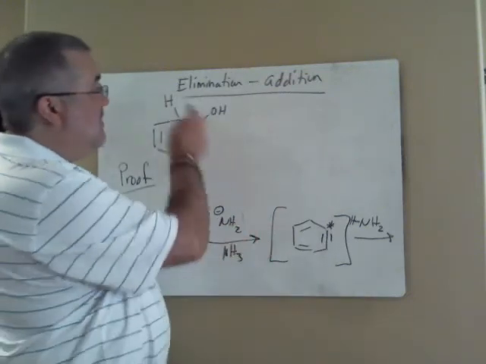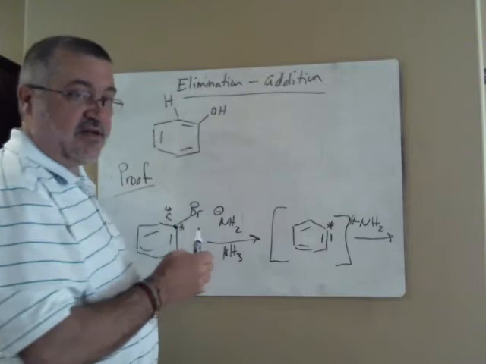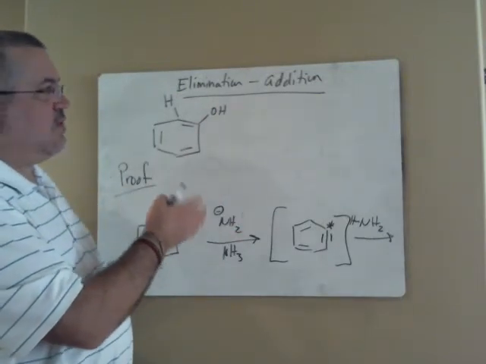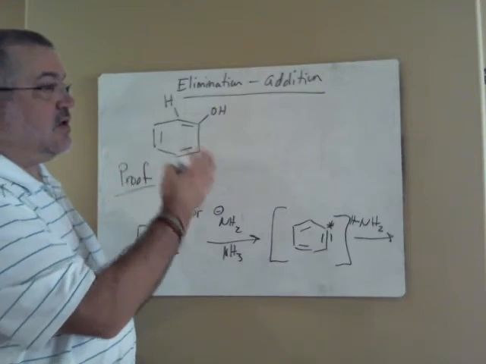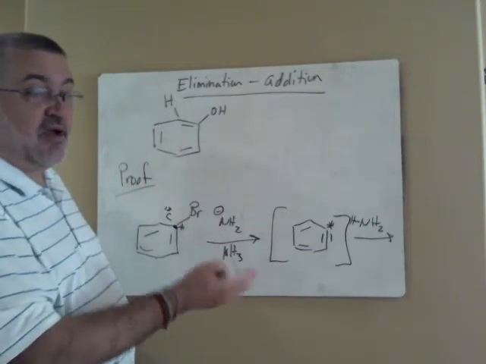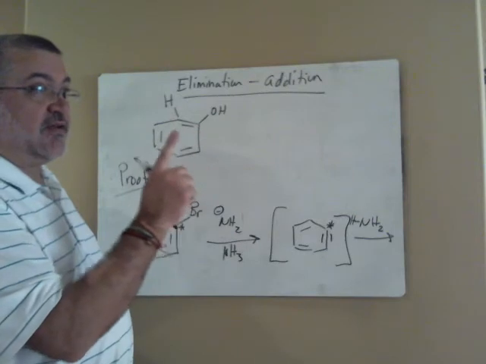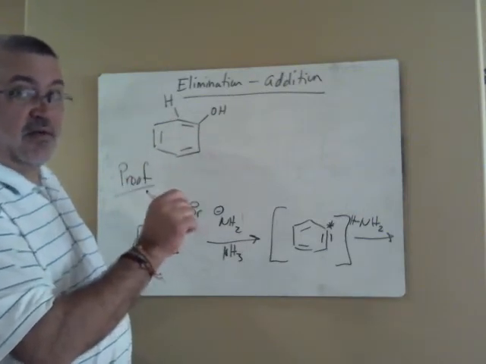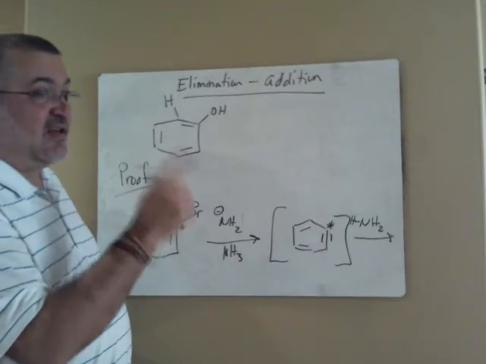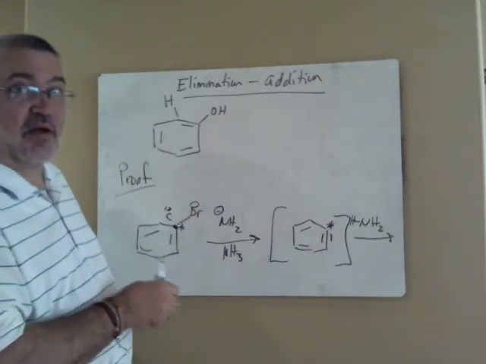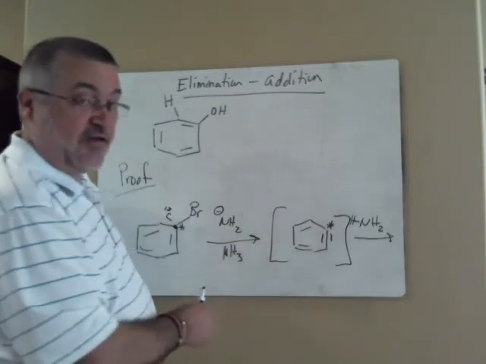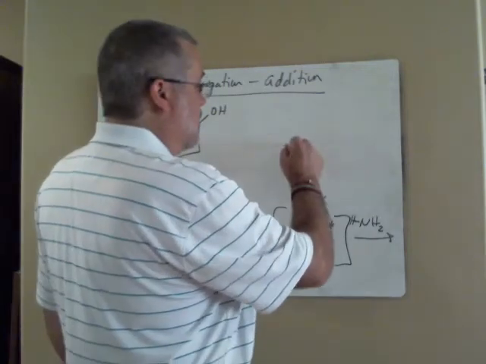If it didn't go through elimination addition, if it went through the other mechanism, which was addition elimination, and went through the Meisenheimer complex, remember the nucleophile always ended up on exactly the same carbon that the halide was attached to. Mechanistically, there's only one regiochemical product. Well, here, if it goes through a benzyne, you should get two. And in fact, you do.